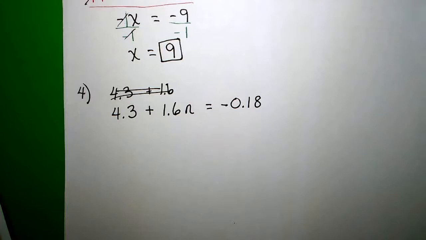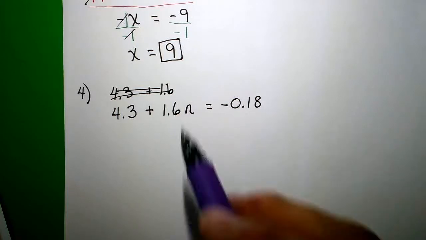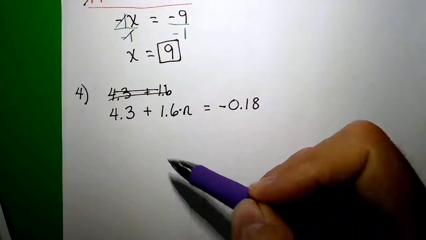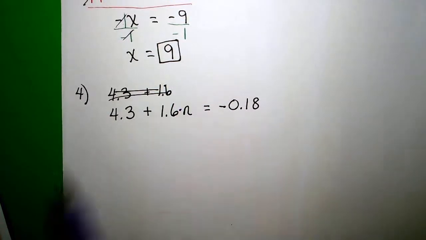Now this problem is going to go through the same steps we did on the other ones. What are we going to do first? Are we going to divide by 1.6, or are we going to get rid of this 4.3? Well, get rid of that 4.3. So I'm going to do what?